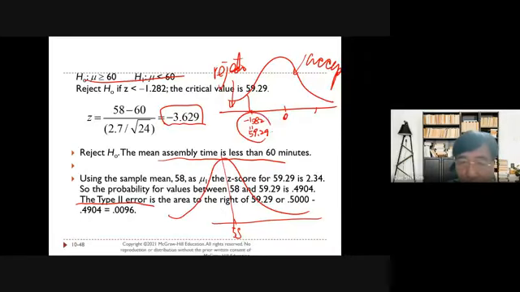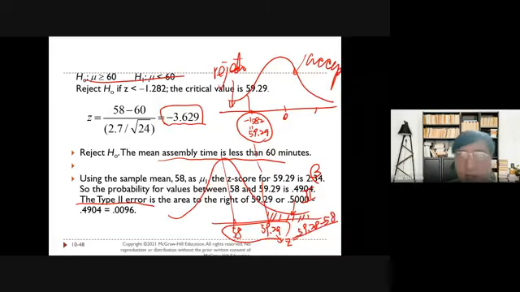If it is here, it will be the accepted area, so it will be a type 2 error. So this is 59.29. Using this, we need to calculate the value: 59.29 minus 58, divided by sigma 2.7 over square root of 24. We calculate the z-value again.